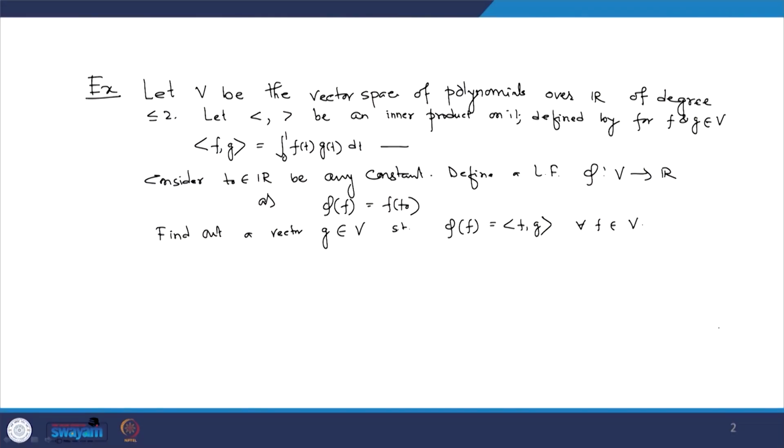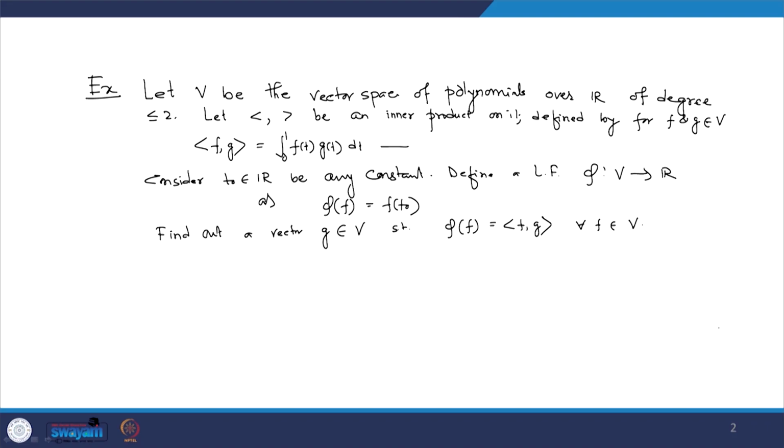So, let me consider this problem where V is the vector space of polynomial functions over the real line of degree less than or equal to 2, and the inner product defined in this space is the inner product of f, g equal to the integral from 0 to 1 of f(t) g(t) dt.